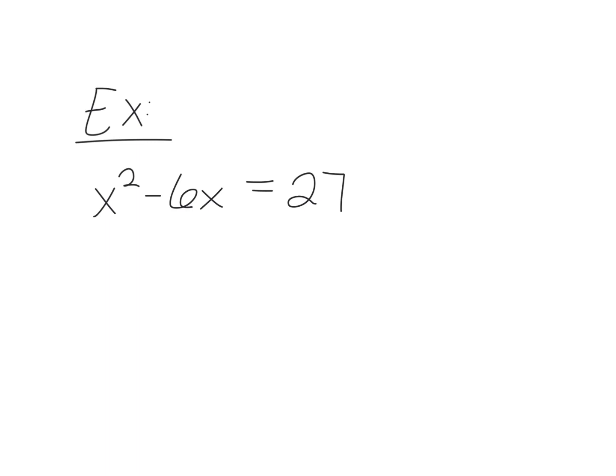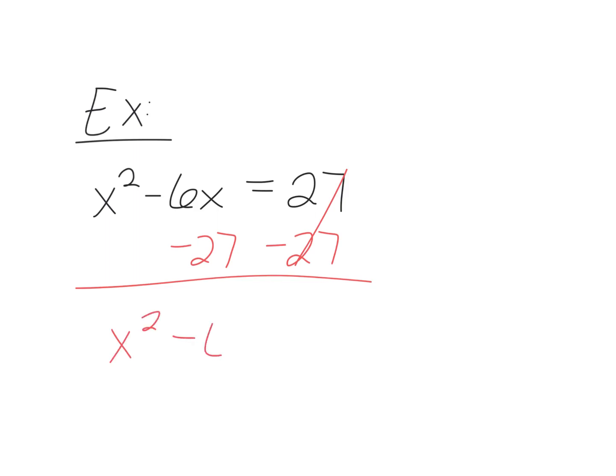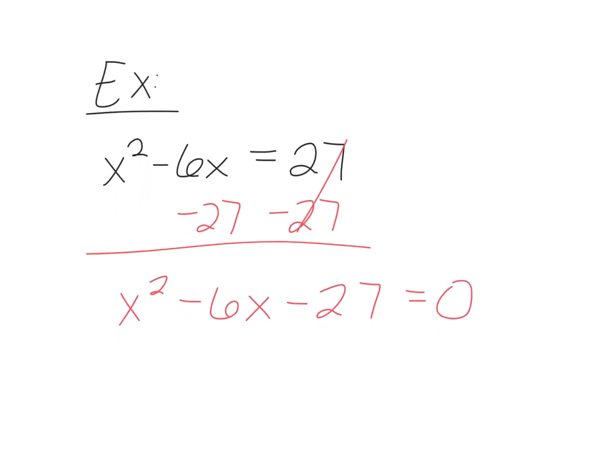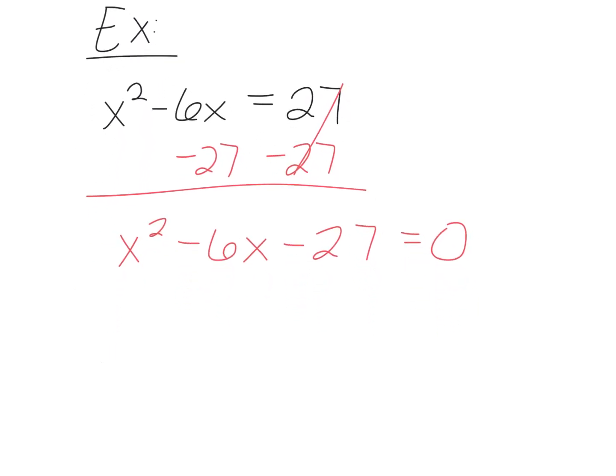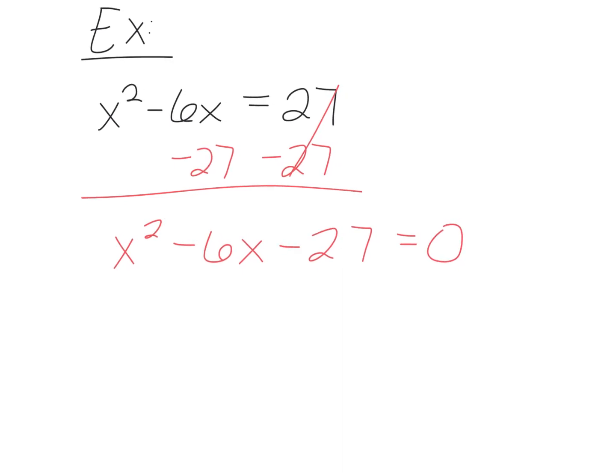So if I subtract 27, we have x squared minus 6x minus 27 equal to 0. Now is it in a form where we can factor and solve? Yes. I want you to go ahead and try that one.